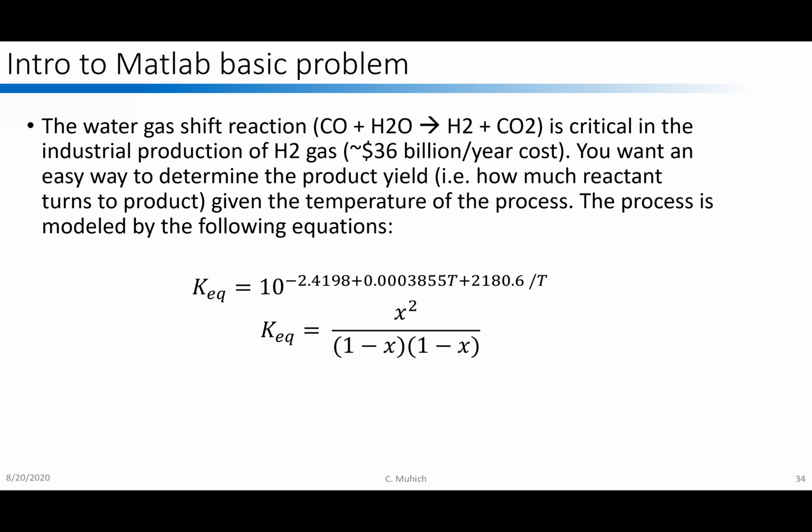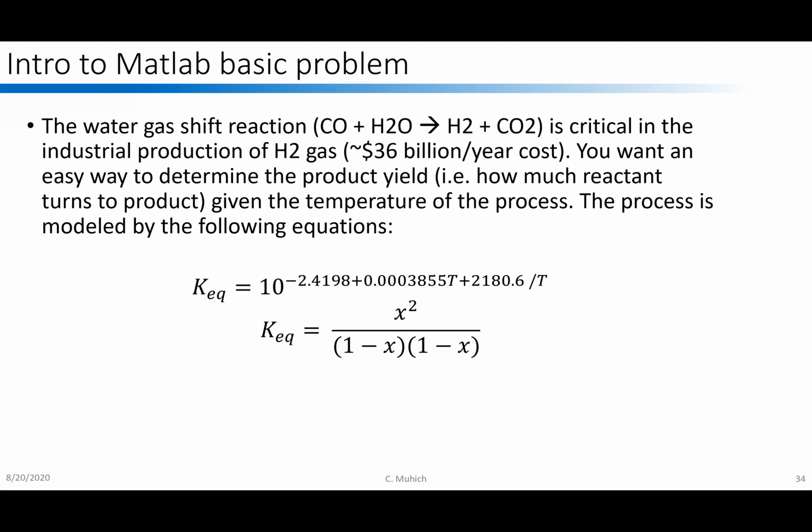So let's say we want an easy way to determine the production yield, or how much reactant turns into product. So how much of that CO and the water turn into H2 and CO2. In the case of the water-gas shift reaction, the chemical equilibrium is highly dependent on the temperature of the system.